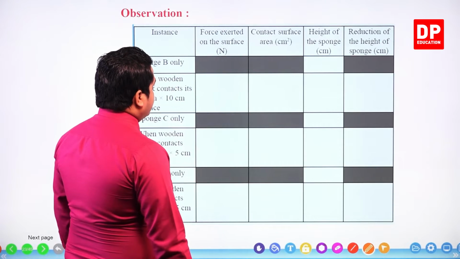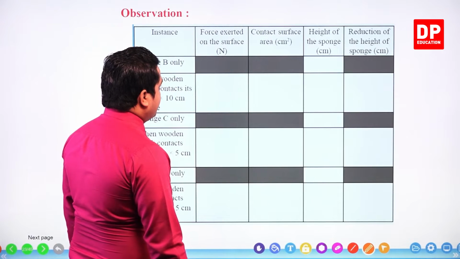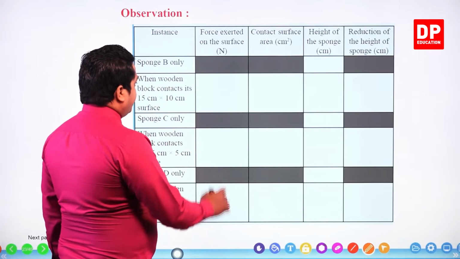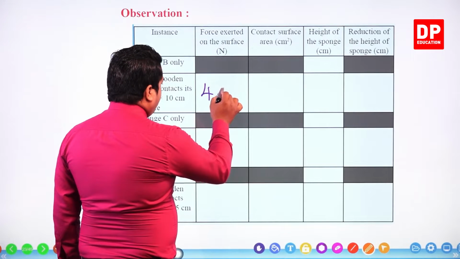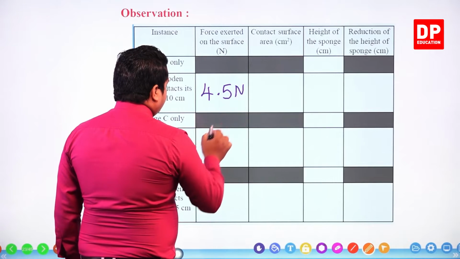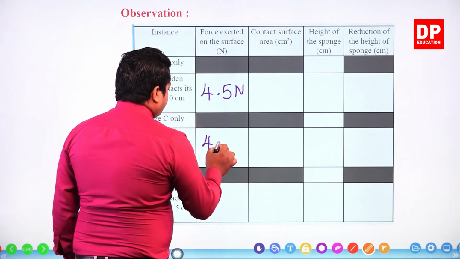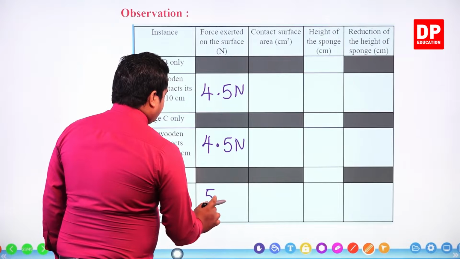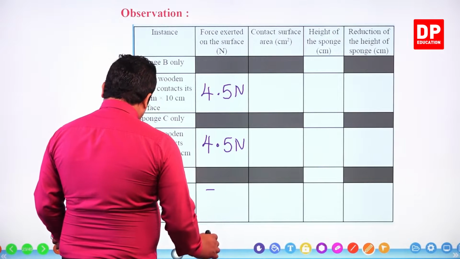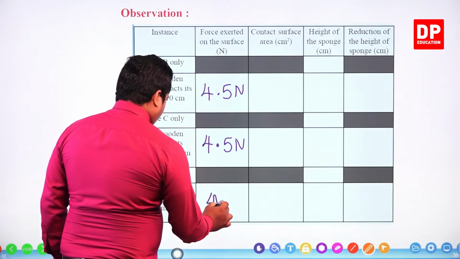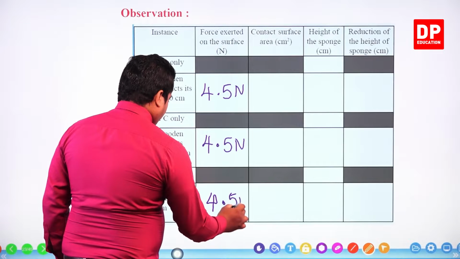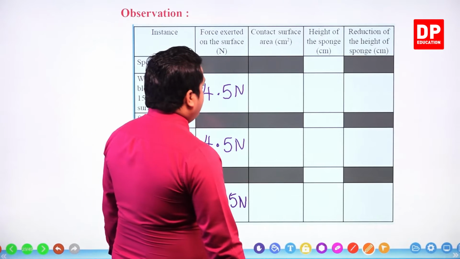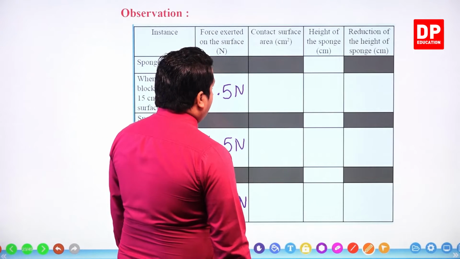Force exerted on the surface was quite simple. 4.5 Newton each. Then the height of the sponge, right?